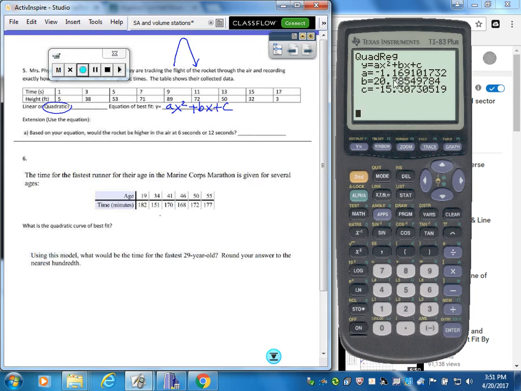My 6 is going to throw that 1 up, so that's negative 1.2x squared plus 20.8 because that 8 is going to round the 7 up, so 20.8x. And then instead of saying plus c, because it's a negative c, I'm going to say minus c, and it's 15.3. And there you go. You've got your equation of best fit.